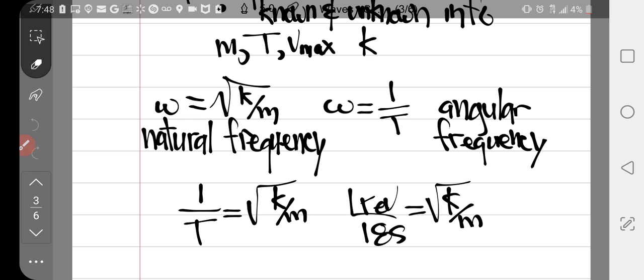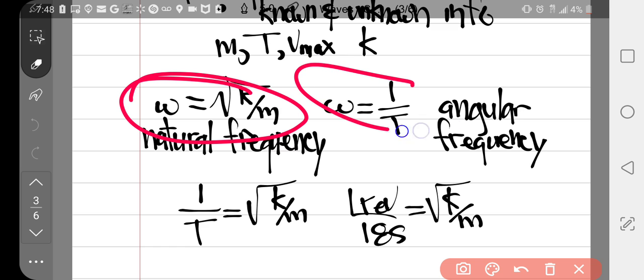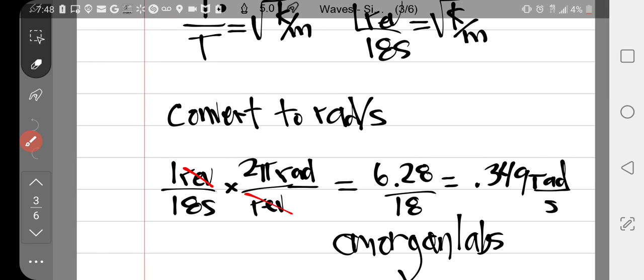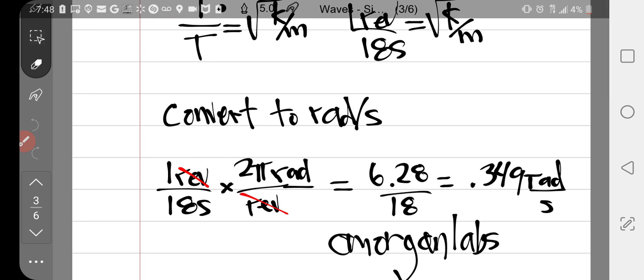Okay, let's put these two together. This is a two equation deep problem. So we put these two together and we get 1 revolution over 18 seconds is square root of K over M. We have to convert it to radians per second for everything to work. That's another part of these physics problems.